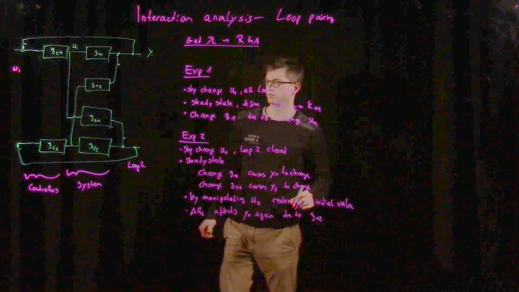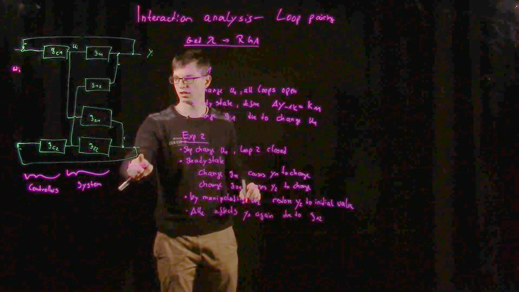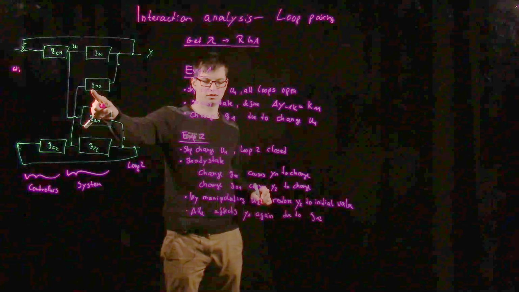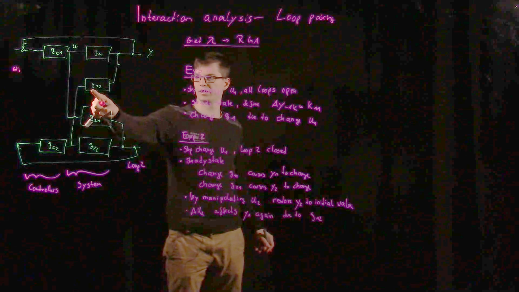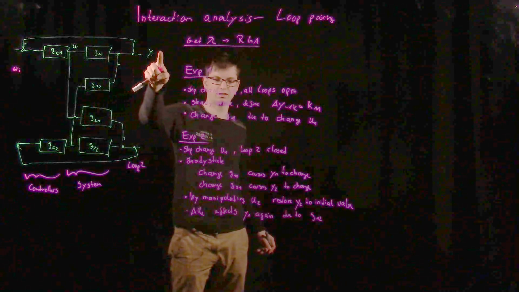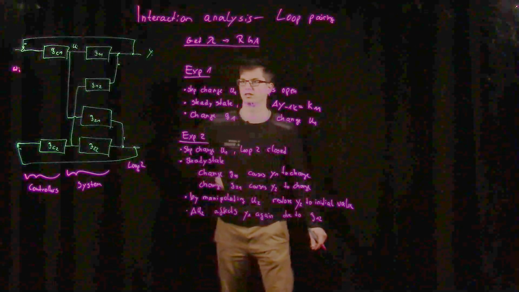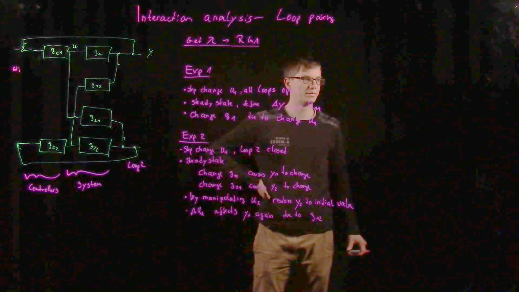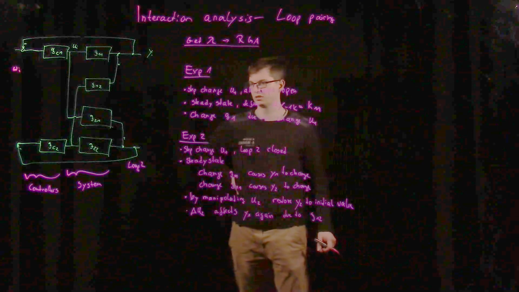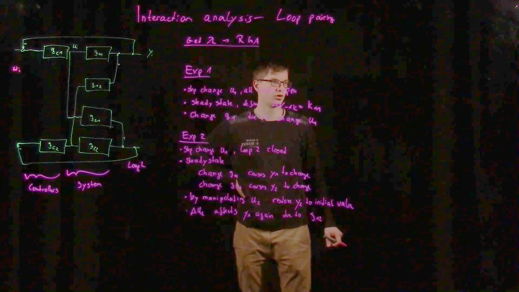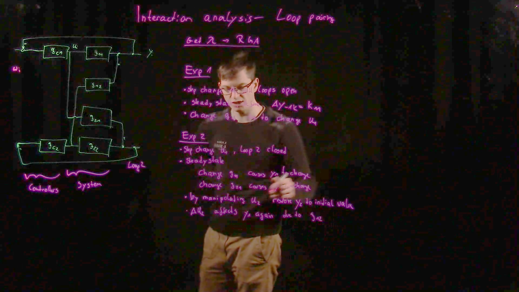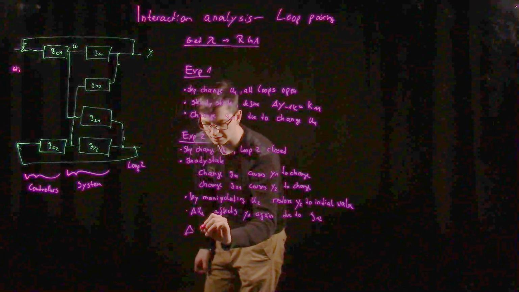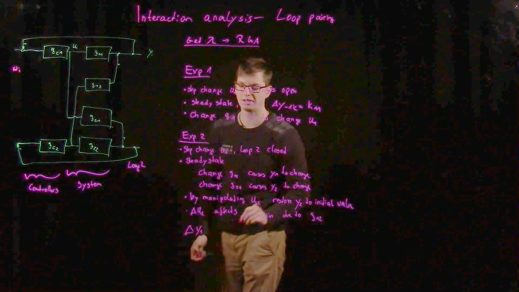Okay, so you change U2, then you have the backward loop, and then you have the couple from G12, and then you affect Y1 again. Okay. So what we know from this example is the following. This change in Y1, this delta Y1, where does it come from?